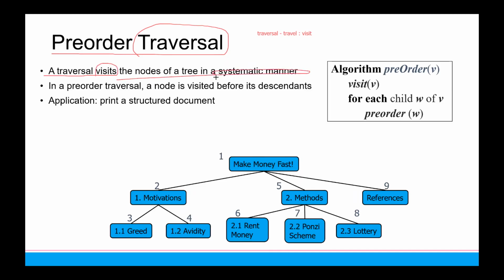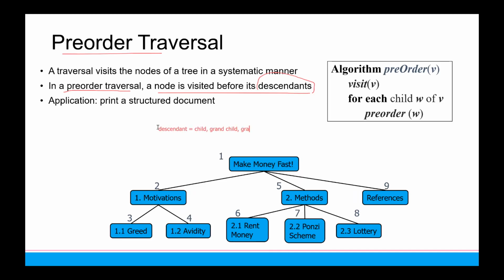So I want to visit every node in the correct sequence. There's a concept we call pre-order traversal. The pre-order traversal means we will visit the node before its descendants. You know, descendant. In the previous one, we called it descendant. It means the child or grandchild.